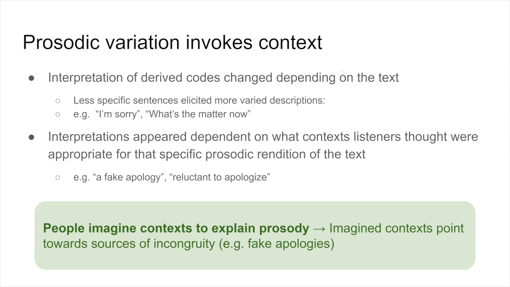That was one of the more memorable ones. We saw that the less specific the semantics, the more varied the responses, which makes sense. People imagined contexts in which you would use an incongruous or unexpected prosody.